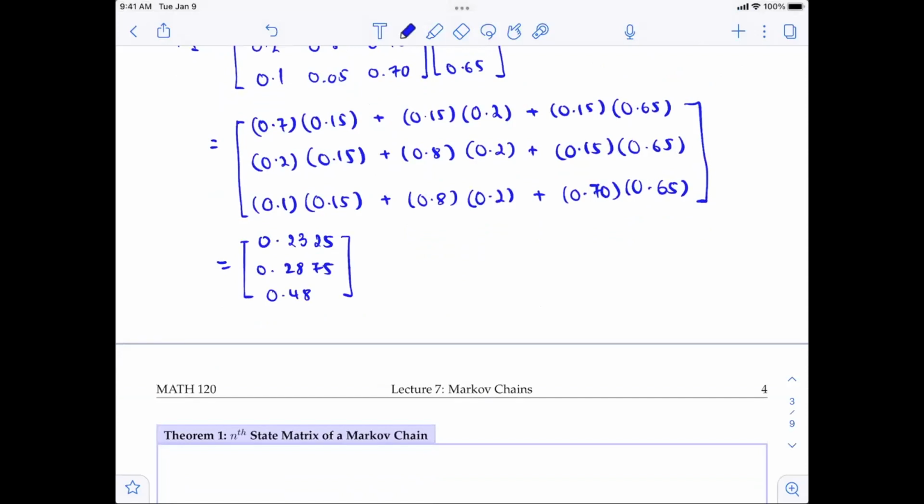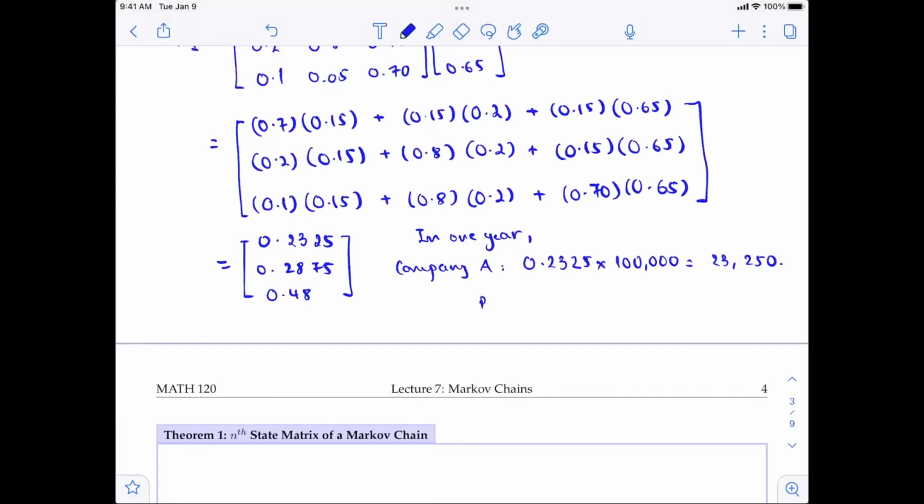Right. So in 1 year, for company A, what you're going to do is take this number and multiply by 100,000. So you get 0.2325 times 100,000, and you get about 23,250 subscribers, right?